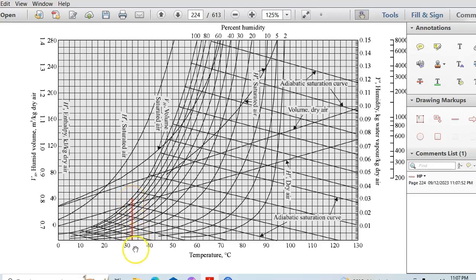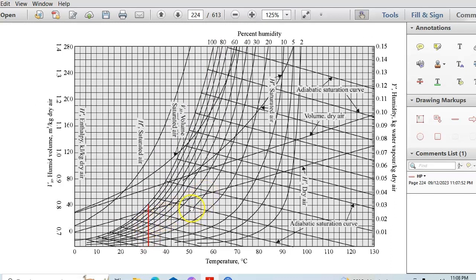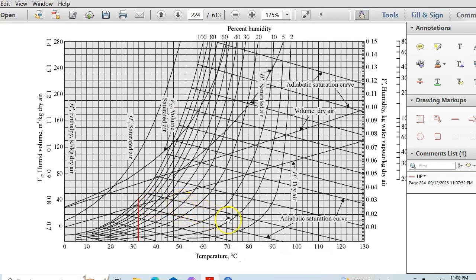The wet bulb temperature meets the 100% humidity curve. Then these curved slope lines are called adiabatic saturation curves. Each line is represented here.